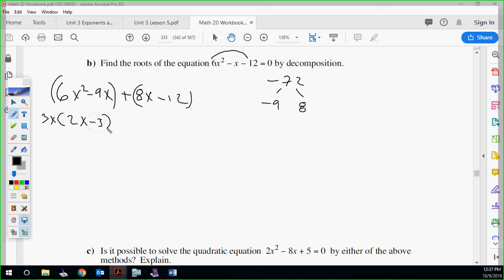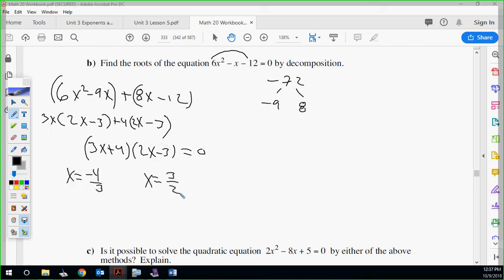I got a 4 in common. That gives me a 2x minus 3. So this one does factor nicely. 3x plus 4, 2x minus 3. So my solutions or my roots are -4/3 and 3/2. Remember, minus the 4, divide the 3. Add the 3, divide the 2. That's how I got these numbers here, if you're not with me.